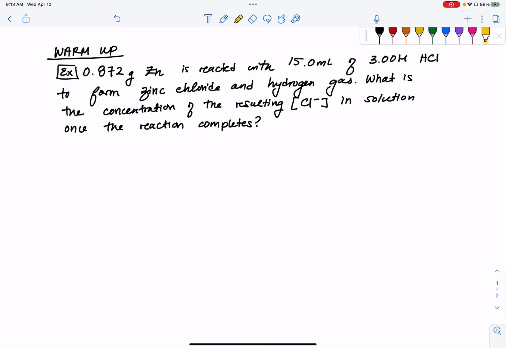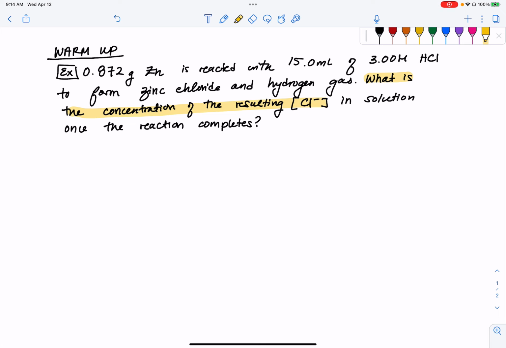So we're given information about our recipe as well as our pantry, meaning we can ultimately get our balanced chemical reaction and then our mole quantities from the lab amounts of each substance used. And then the problem asks us, what is the concentration of the resulting chloride ion in solution once the reaction is completed? So we really want to know the concentration of chloride ion.